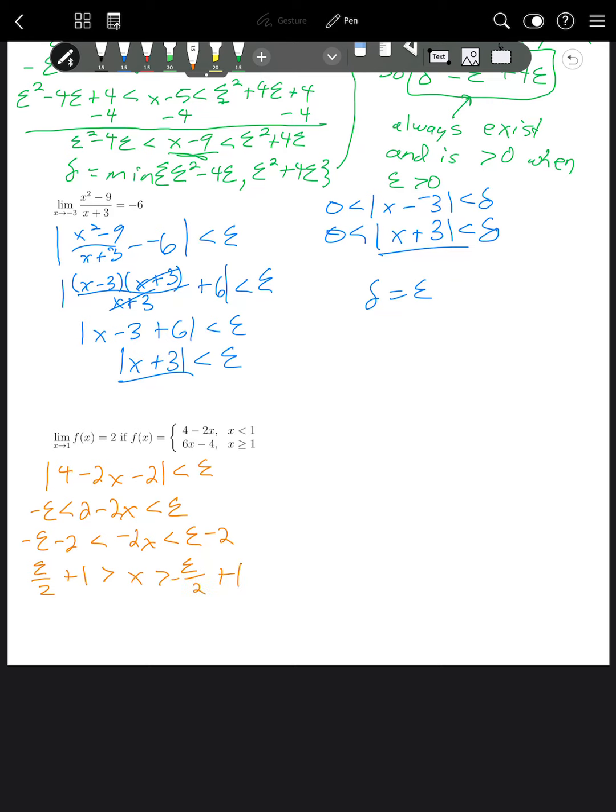And then we want it to be close to 1, so I need to subtract a 1 from the inside, so it's x minus 1, so I need to do that on the outsides as well. And so in this case, I get epsilon over 2 is greater than x minus 1, which is greater than negative epsilon over 2. And so notice in this case, those are the same, except opposites. So in this case, delta would equal epsilon over 2. Okay? And then we do the other one. Same idea.